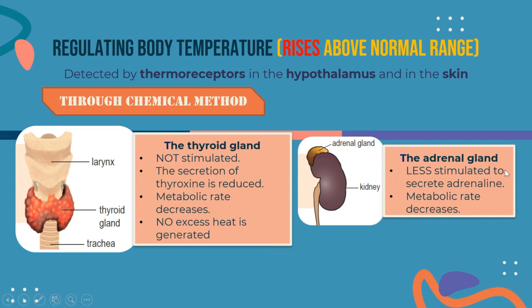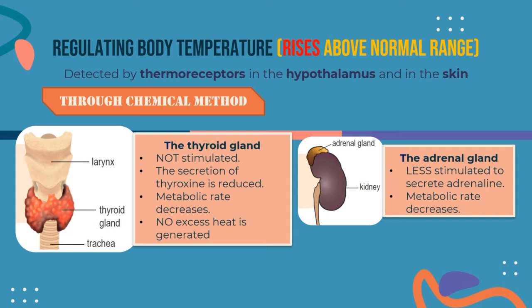Less adrenaline is secreted, and this causes the metabolic rate to also decrease. So these are the corrective mechanisms through the chemical method to lower the body temperature back to normal.